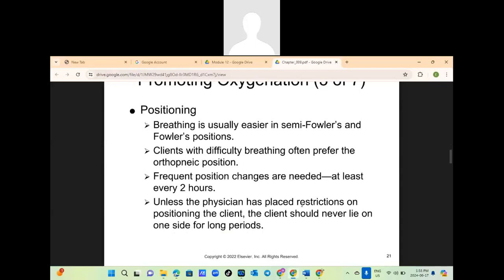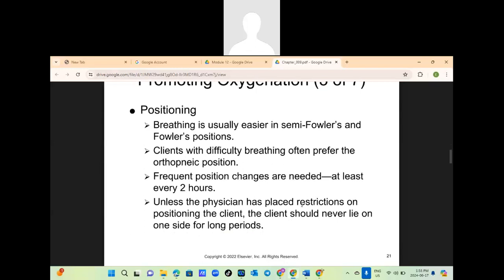Clients who are sitting up can expand their lungs much more easily than when they are lying. Okay, so that is where the orthopneic position comes in. So of course, we're going to do frequent position changes if needed, at least every 2 hours.